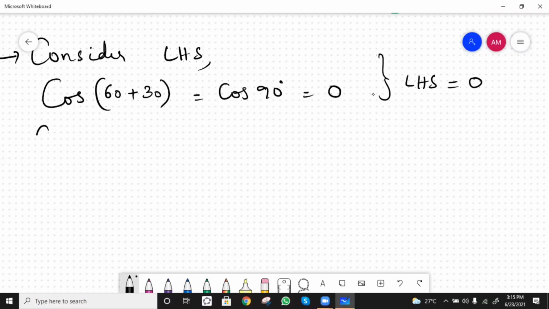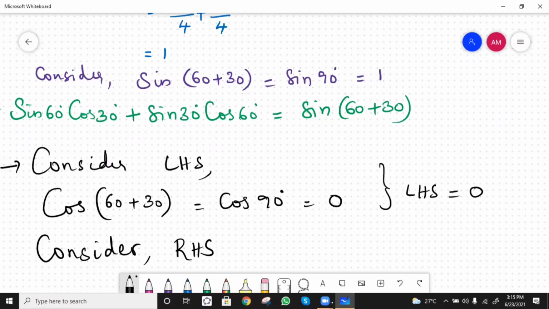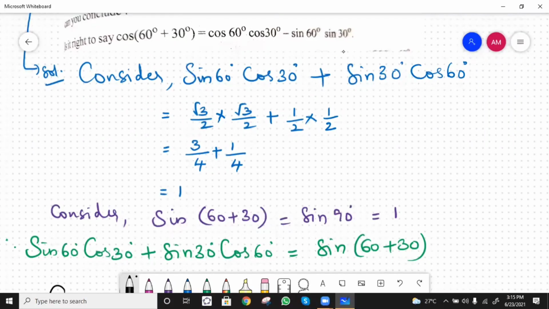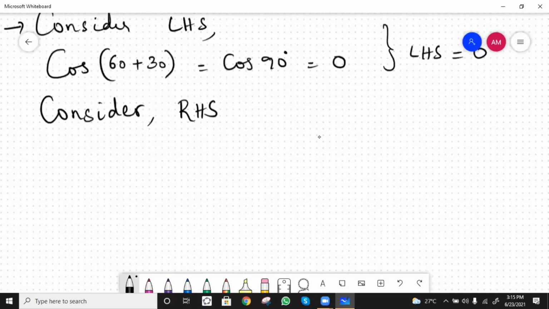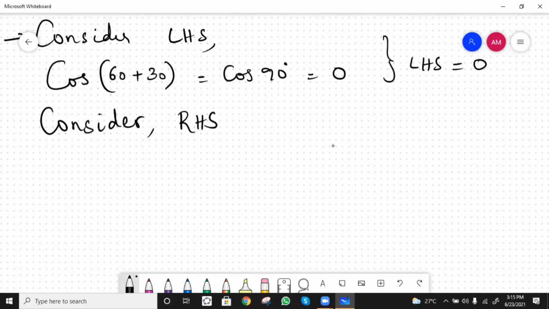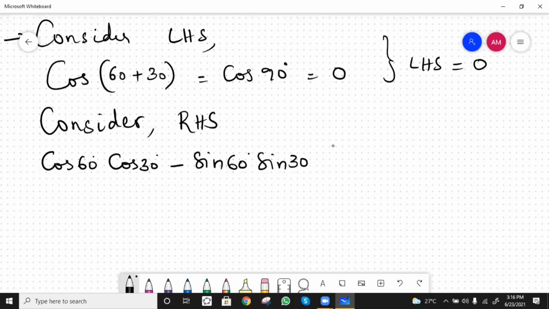Now consider the right-hand side. What they gave in the right-hand side, observe the question once: cos 60, cos 30, sin 60, sin 30. So right-hand side is cos 60 cos 30 minus sin 60 sin 30.